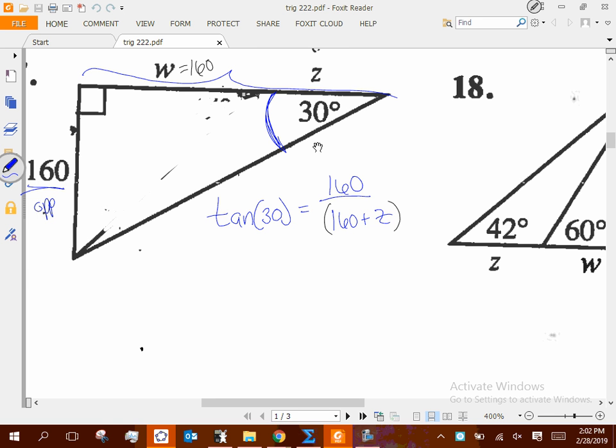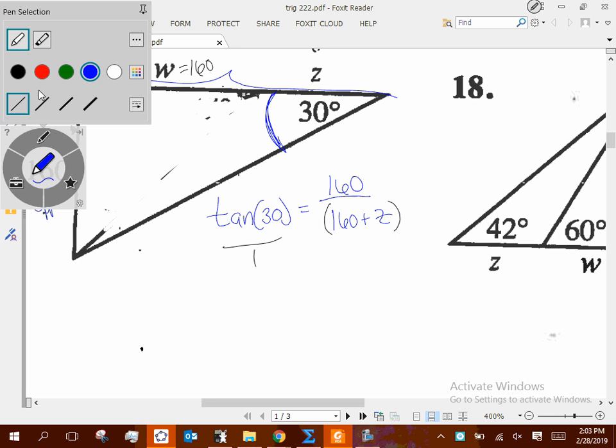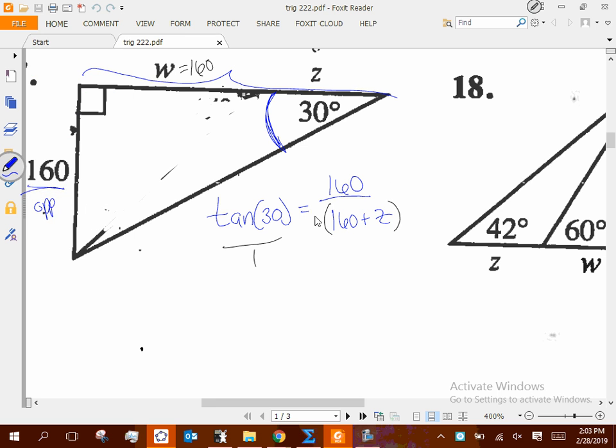Okay? Now, we still approach it the same way because we've got a proportion here. So I'm still going to take 1 times 160, and I get that. And now I'm going to take this times that quantity. Okay? Now, I've been doing this today, and I think this is helpful.